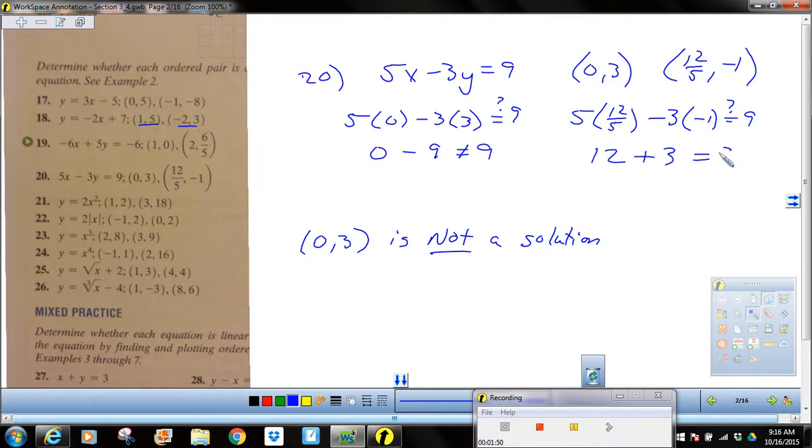Is that equal to 9? No. 12 plus 3 is 15. So it looked like 12/5 and negative 1 is not a solution either. Apparently this one was difficult to satisfy, wasn't it? Alright, 12 over 5, negative 1 is not a solution.